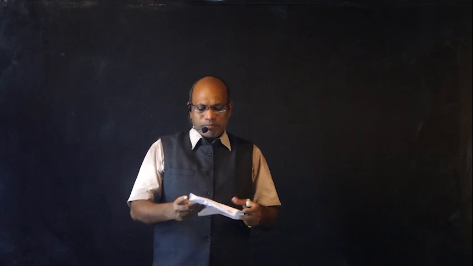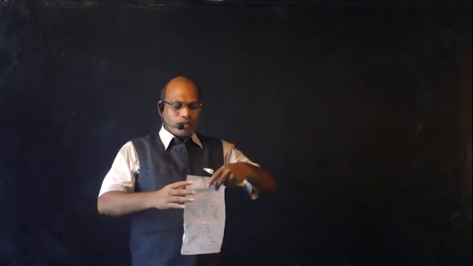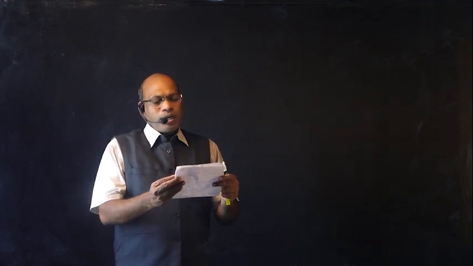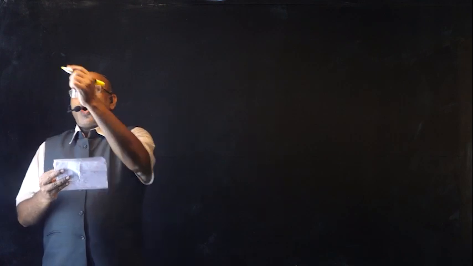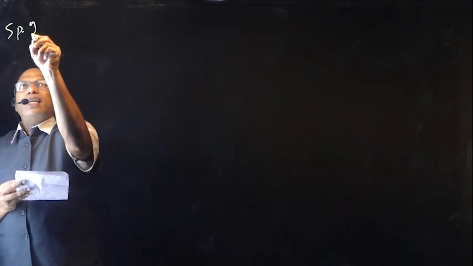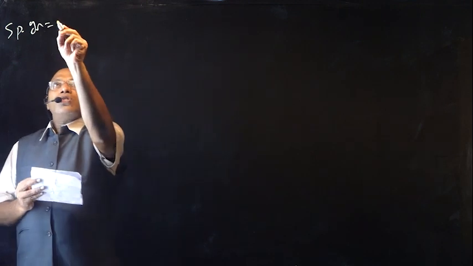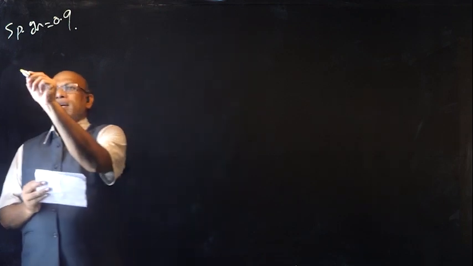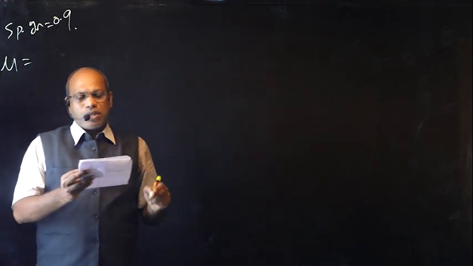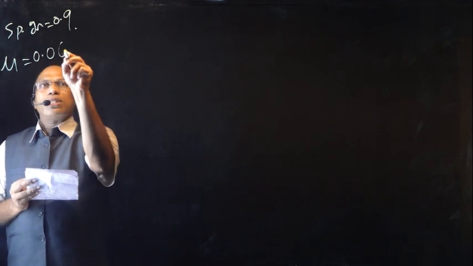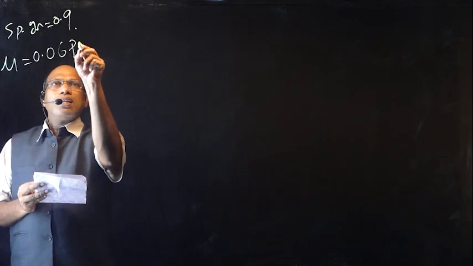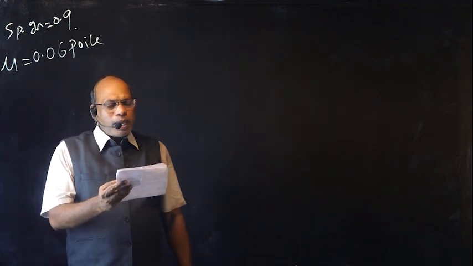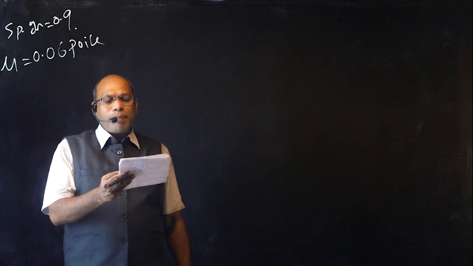First, note down the problem. An oil of specific gravity 0.9 and viscosity 0.06 poise is flowing through a pipe of diameter 200 mm.